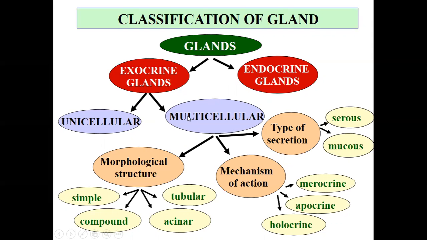The multicellular is further divided based on three classifications: the morphological structure, the mechanism of action, and the type of secretion. For the type of secretion, it can be serous or mucus. Mechanism of action: merocrine, apocrine, and holocrine. And morphological structure can be tubular, acinar, compound, and simple.